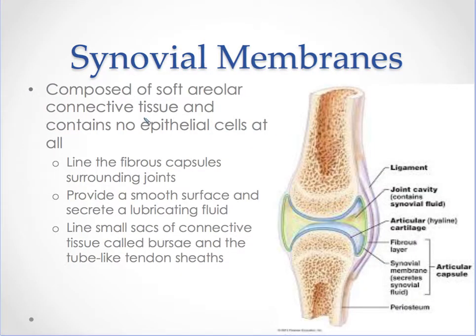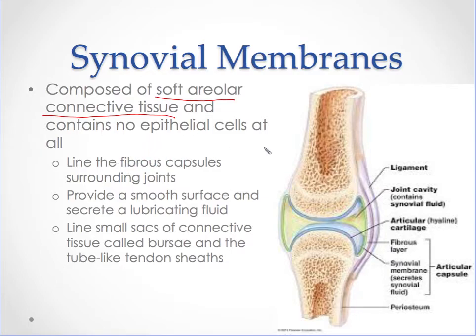Our last type of membrane, again, those three were called epithelial membranes. So your cutaneous, your mucous, and your serous membranes are all epithelial membranes. The last one's your synovial. Synovial membranes are composed of a soft areolar, meaning soft and vascularized connective tissue that contains no epithelial cells at all.